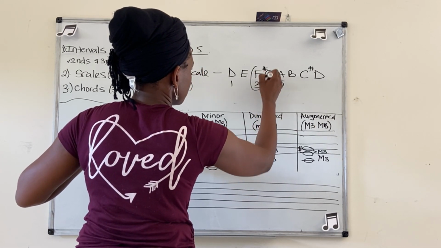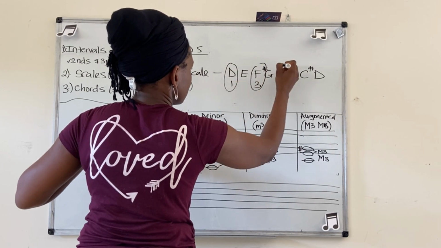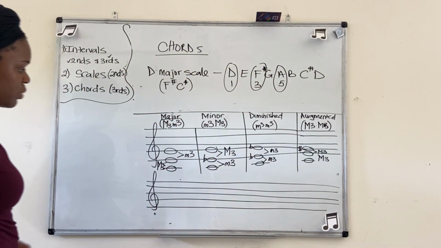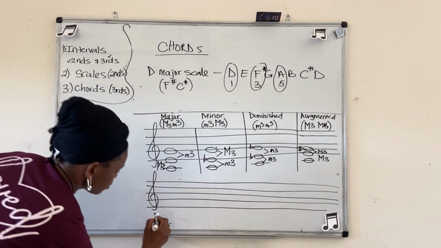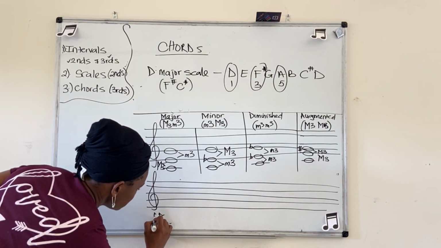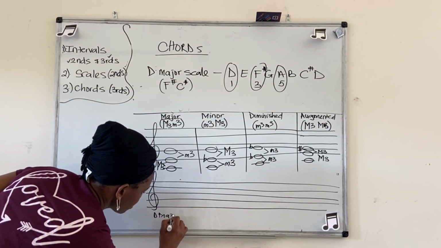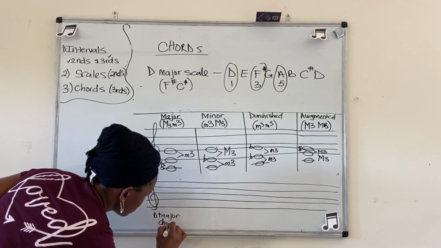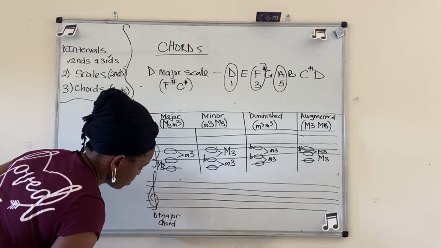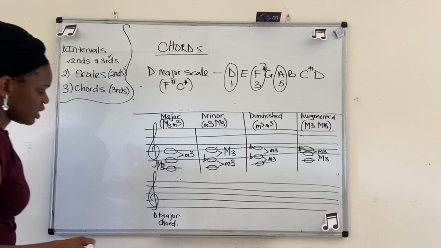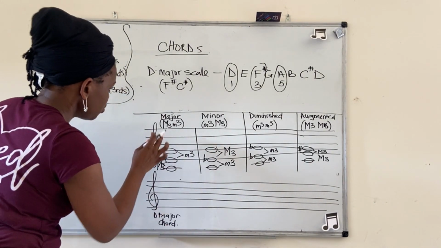So how do I do it here? D major scale, D major chord. That's the D chord. We use our formula.